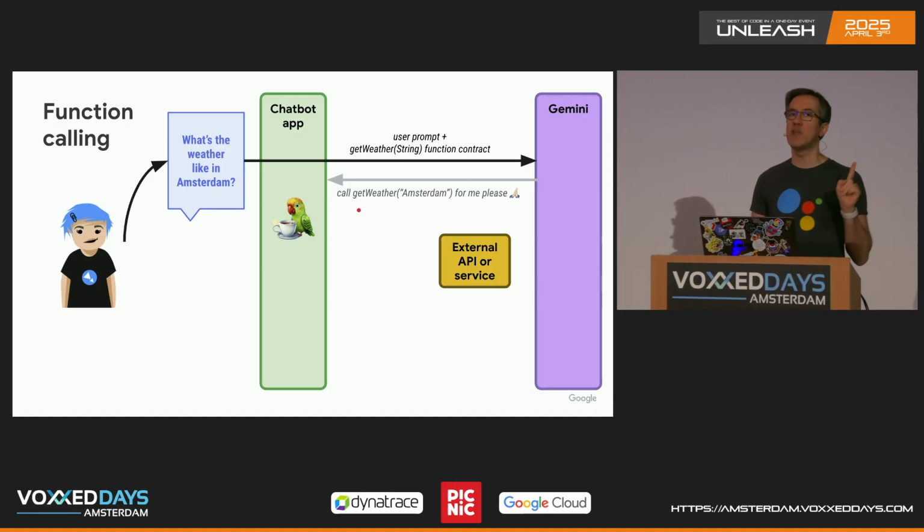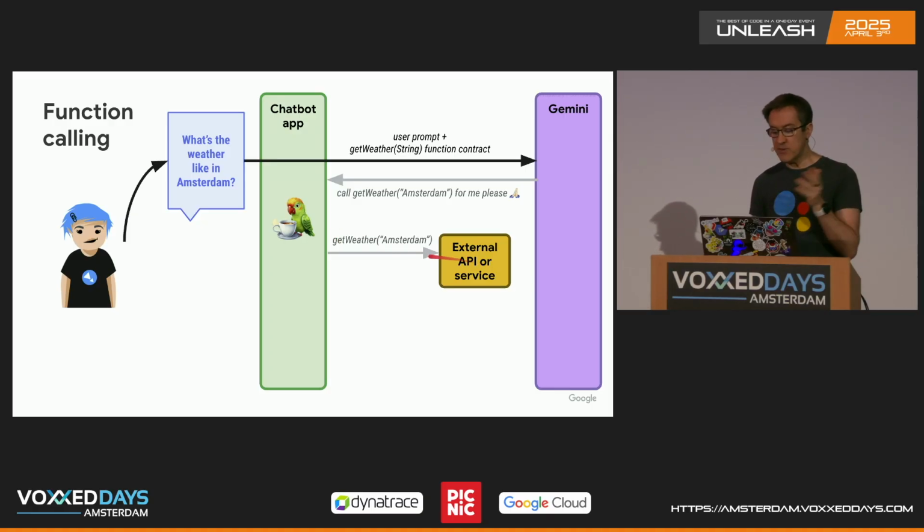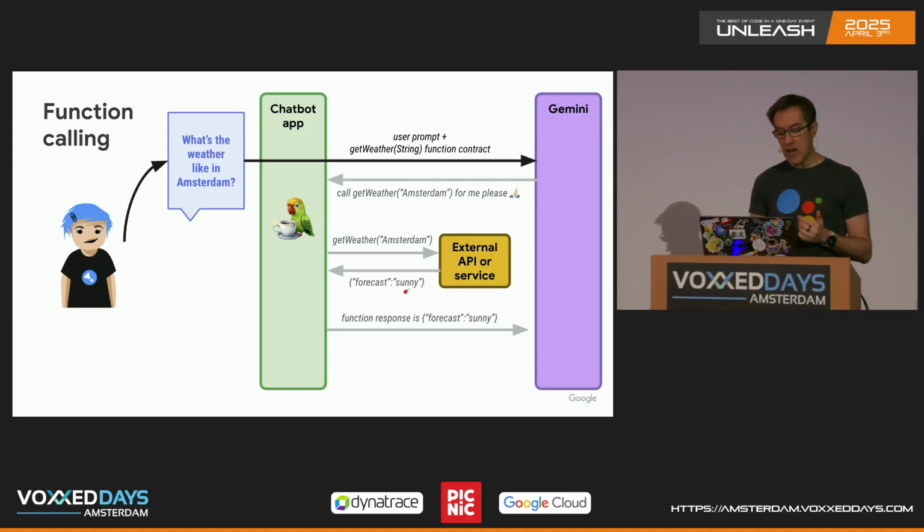Because that's not the model that makes the actual call. That's your app, or the framework you use, that does the call to the external API or service. So the app says, get weather with the parameter Amsterdam. The weather forecast system replies, it's sunny. And your app responds to the LLM with, here's the information you were looking for.